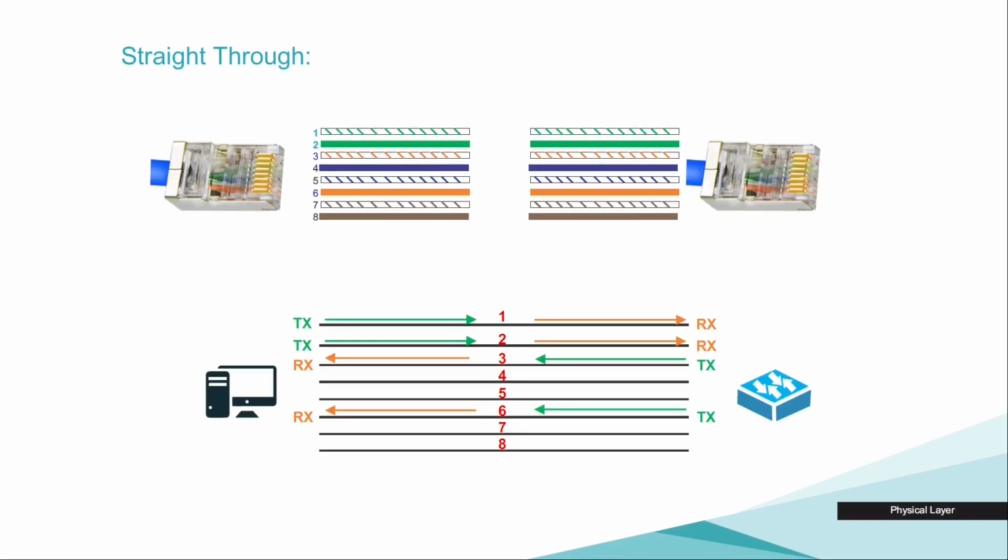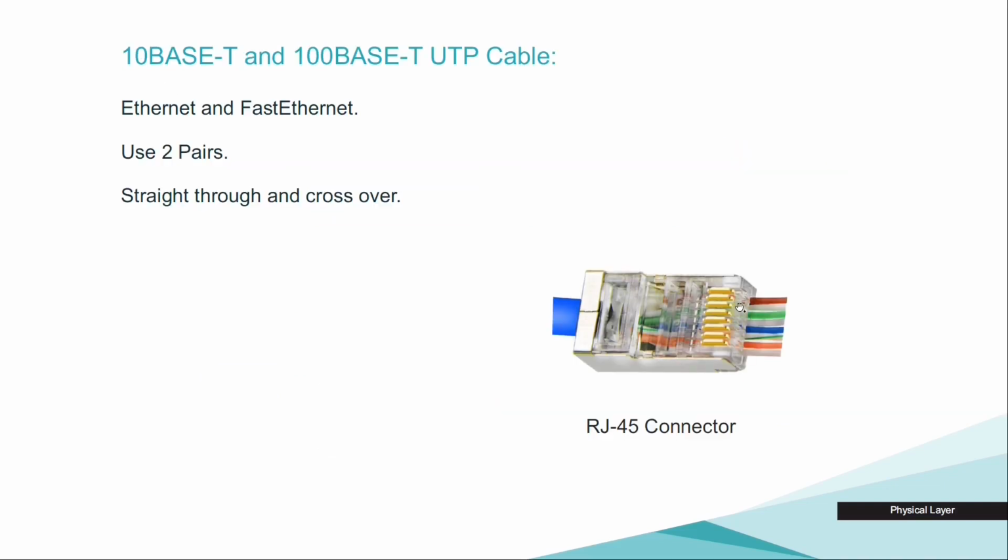So what is the straight through and the crossover? Let's start with the straight through. As you can notice right here, there are 8 pins inside the RJ45 connector. Each one of the 8 wires will go inside these pins.